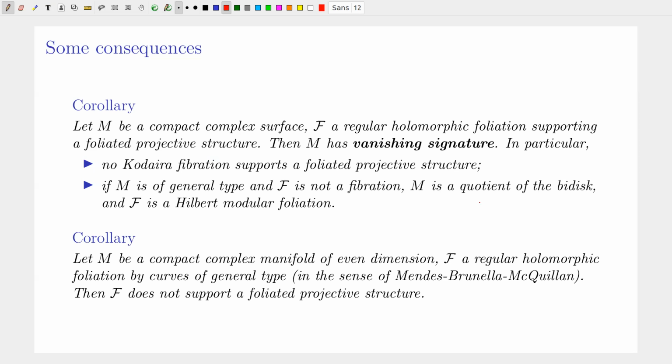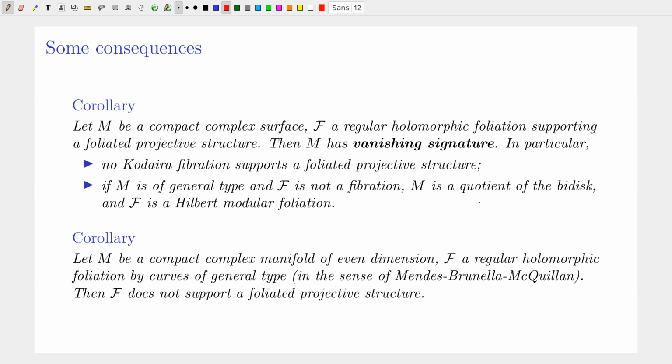And a second corollary is in all dimensions, in even dimensions. So suppose you have a regular foliation on an even dimensional manifold, and that is of general type in the sense of this Mendes-Brunella-McQuillan classification. This is that its canonical bundle has lots of sections.